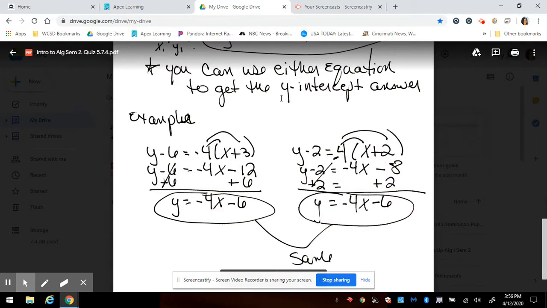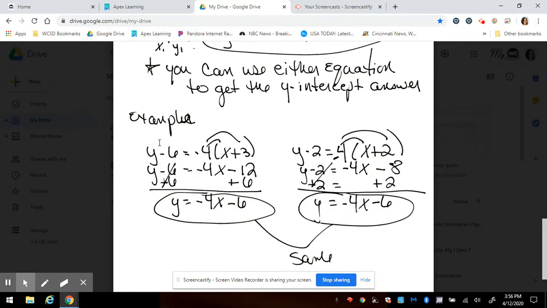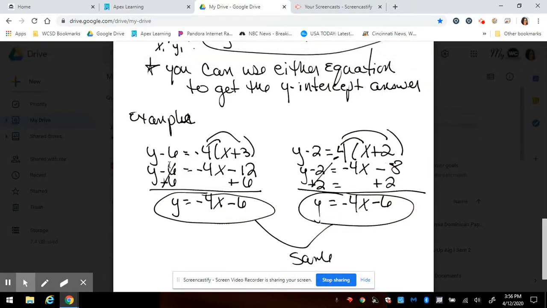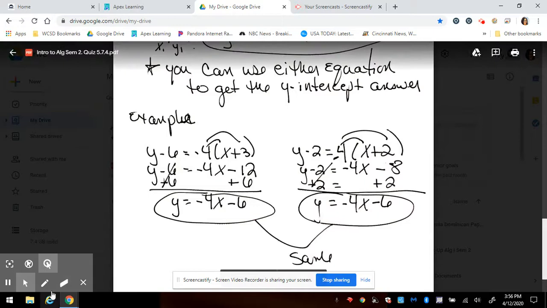You can use either equation to get that y-intercept answer. So you don't have to do both equations because they're going to give you the same answer. So I wanted to do both of them just to kind of prove that. So I took y minus 6 equals a -4 parenthesis x plus 3. I used my distributive property.